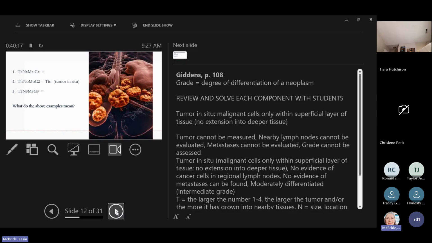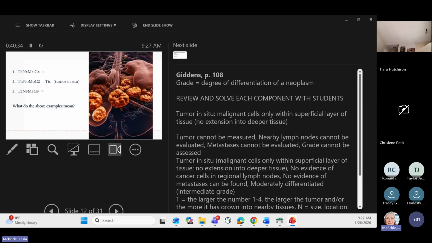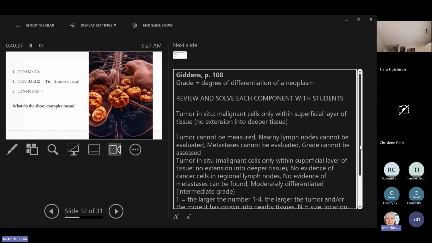T3, N3, M3, G3, as it's showing, means that this cell is a stage 3, that there are lymph nodes being impacted, and yes, it has metastasized to a different area, and it's very highly different than its parent cell.